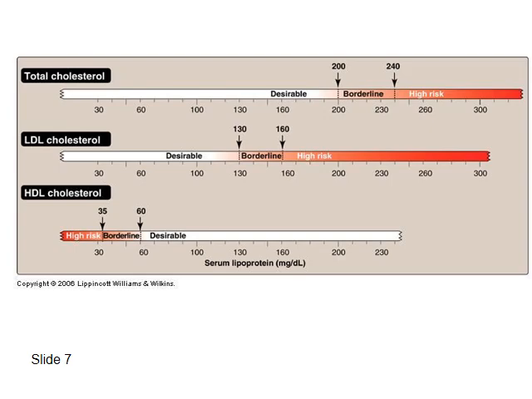So this is just a reference slide for us all, looking at total cholesterol in the body, with desirable being below 200 mg per deciliter, and high risk for atherosclerosis being above 240 mg per deciliter. If we look at LDL cholesterol, really desired is less than 130.